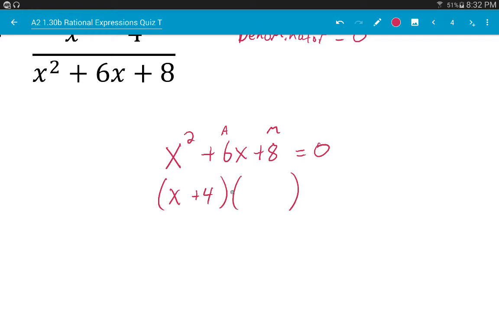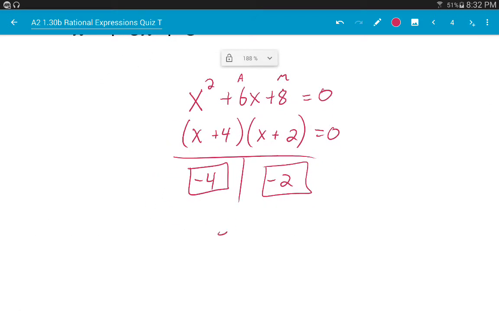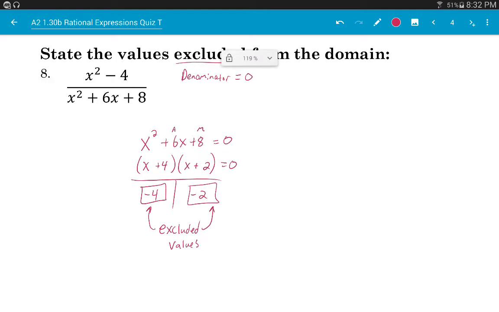I think it's going to be 4 and 2. Those would add to 6, and they would multiply to 8. So equals 0. T-chart, negative 4, and negative 2. So those are the excluded values. Those are the values that x cannot be, because it would make the fraction undefined.